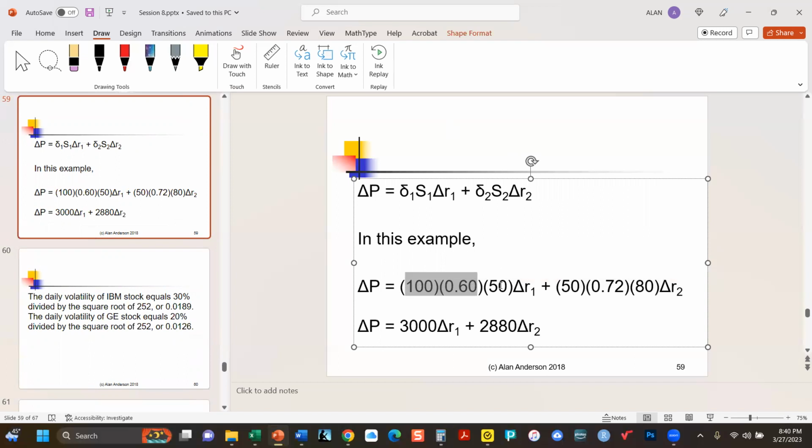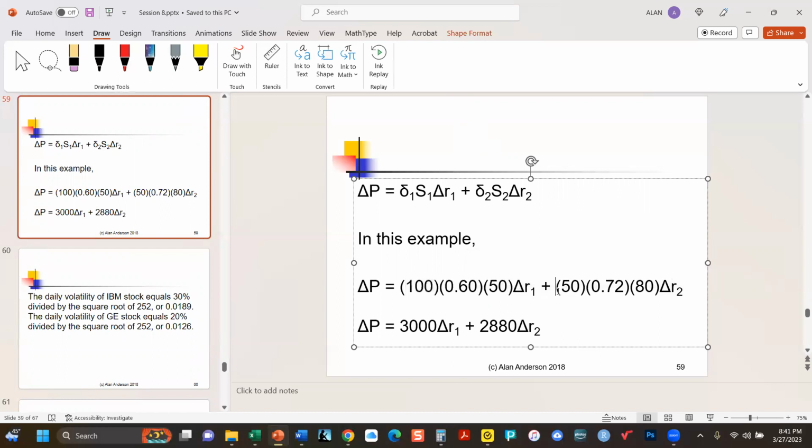The stock price is currently selling for $50. The product of these two will tell us the dollar value of the change in the stock's price. In other words, if you multiply the rate of return to IBM by the $50 stock price, these two terms will end up telling me what is the change in the value of the stock. Whereas this is the delta of all 100 shares of IBM.